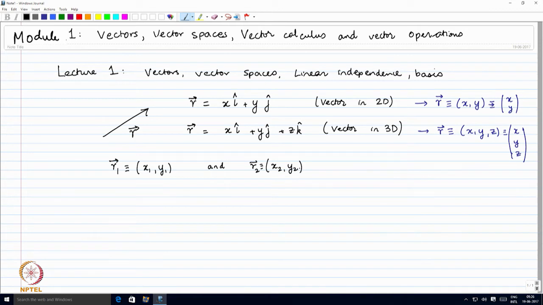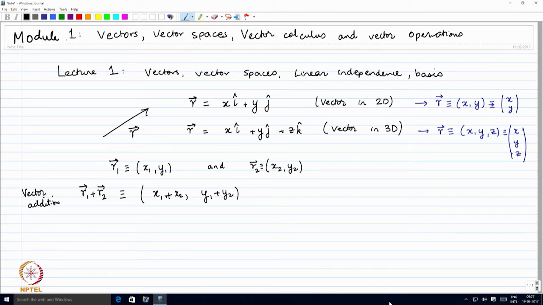Then you can have a vector r1 plus r2, which is a vector addition, and this will yield a vector with 2 components, x1 plus x2 and y1 plus y2. So, what you do when you add vectors is to add them component wise, and similarly I can do this in 3 dimensions also. I will not show this explicitly, but vector addition is something that you can easily do, especially using this notation.